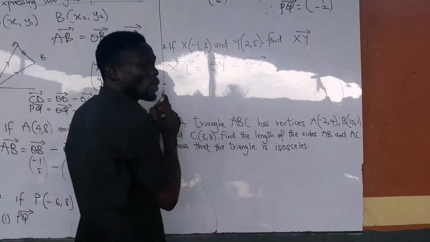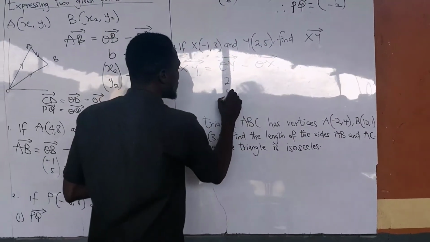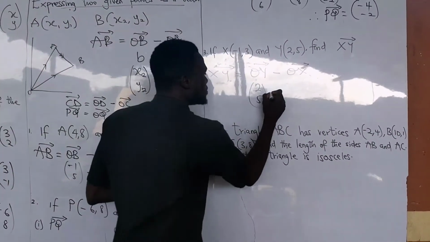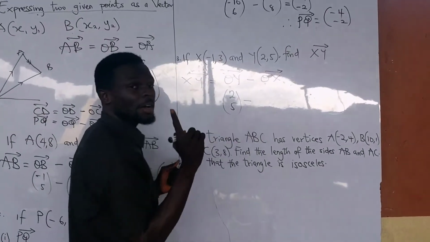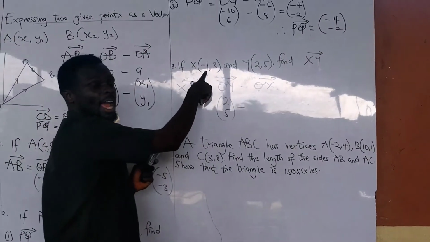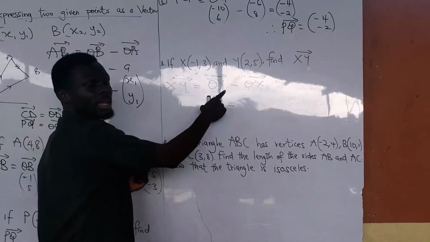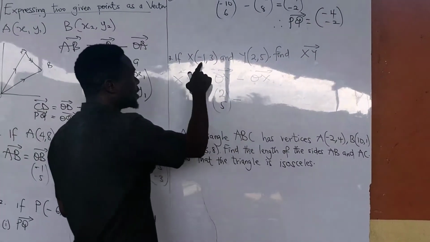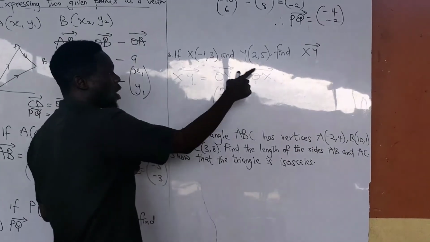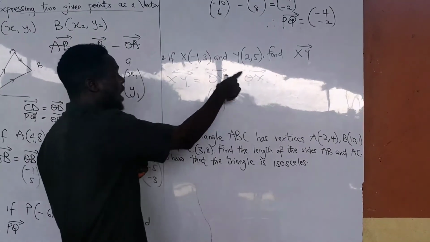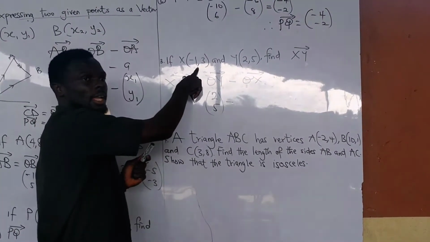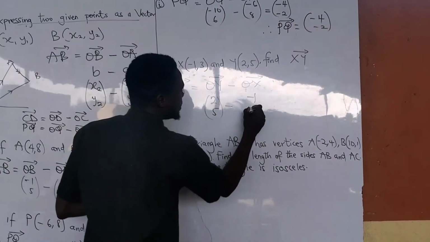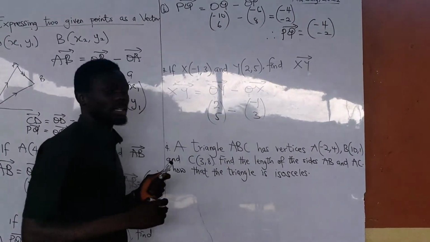I can write the point Y as 2, 5, minus OX. Be careful you don't give the points for X for Y, because you said OY. So you go for the Y component. Then this is OX, a position vector, which I can write as negative 1, 3.